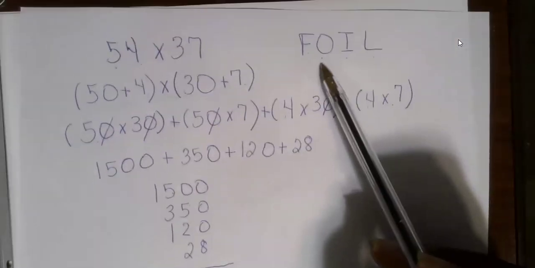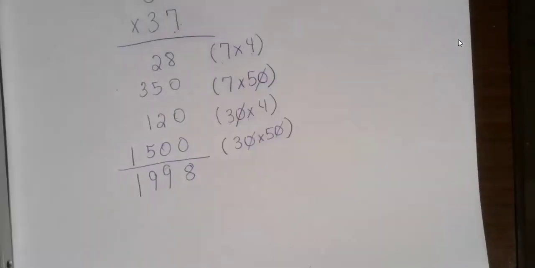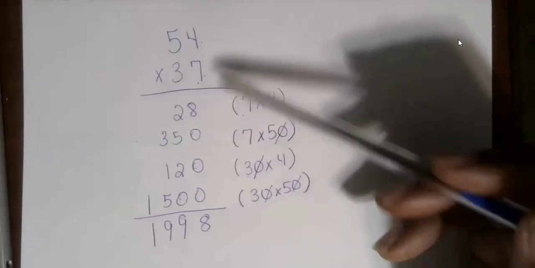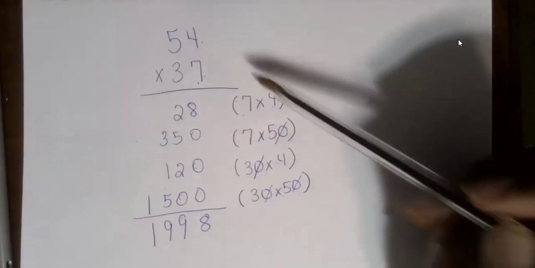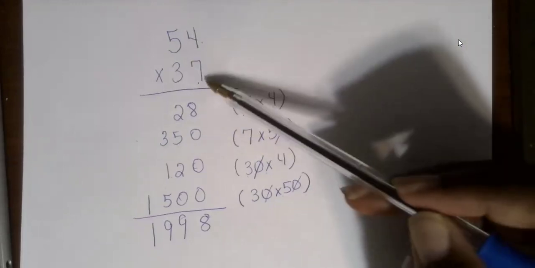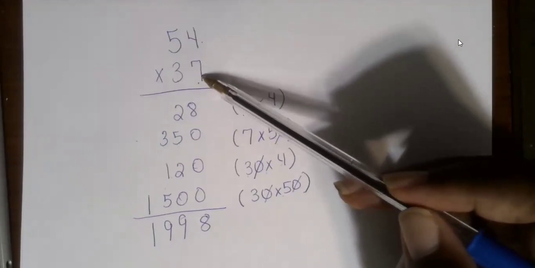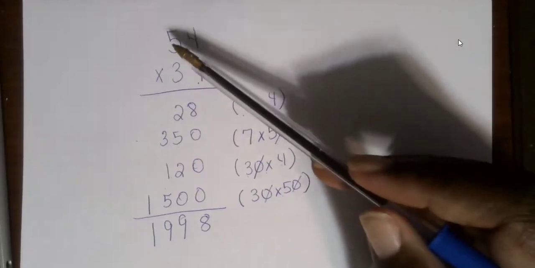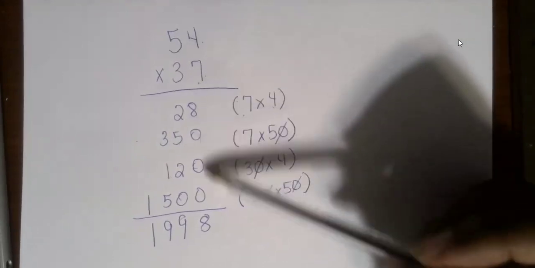This is also partial product, but it's lined up more like the standard algorithm, but we're still getting the expanded form of each number. And remember, expanded form is just how much that number is worth based on its location. The 7 in the ones spot is worth 7. The 5 in the tens spot is worth 50. And then we add it.